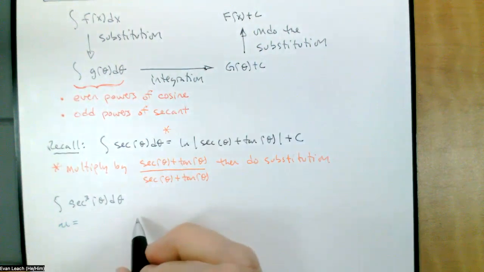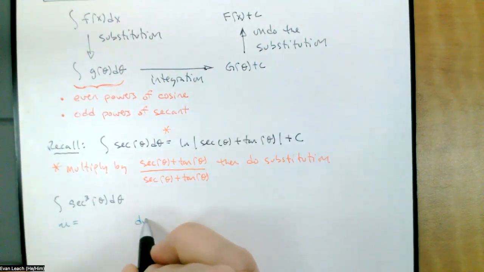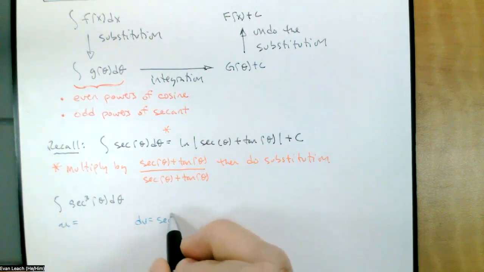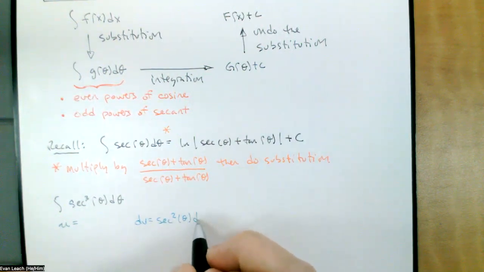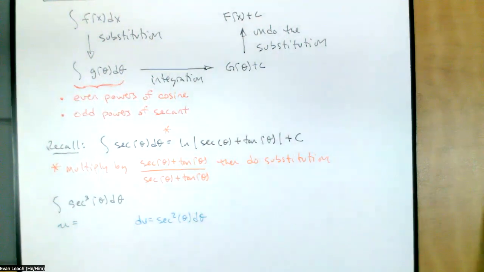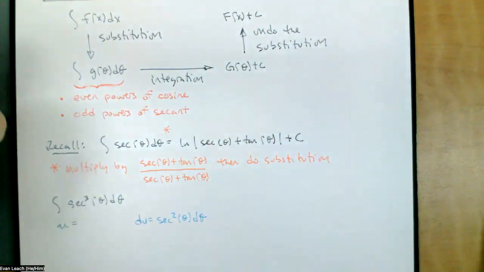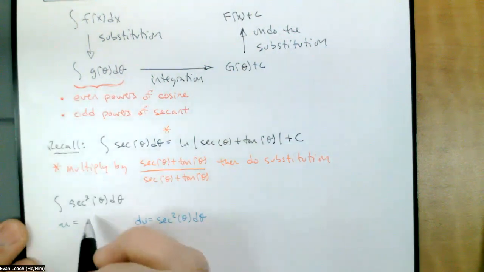We had to choose dV as something that we could integrate. And the one that worked out for us was set dV to be secant squared, and then keep u as just one of the secants.